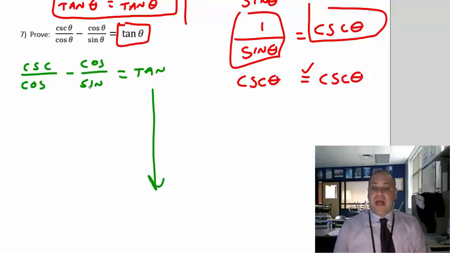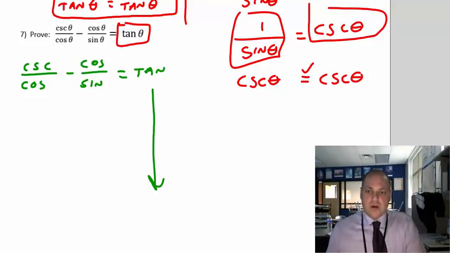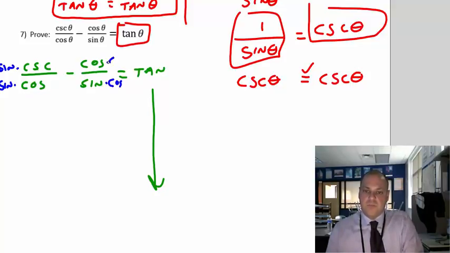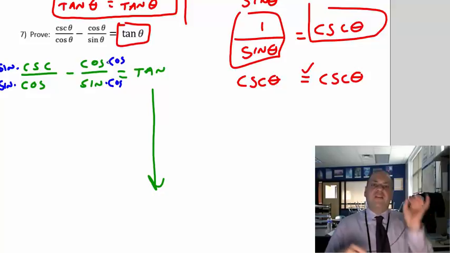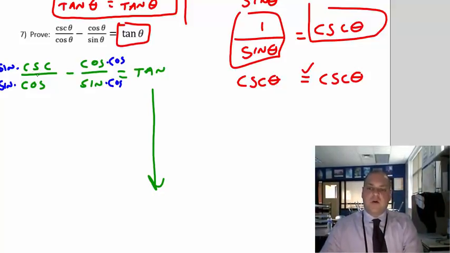Okay. So there we go. I need a common denominator. Well, my common denominator has got to be cos sine. So I'm going to go times sine here and times cos here. Just like if you had a times x or times 2 or times whatever, just like we did earlier in the year.